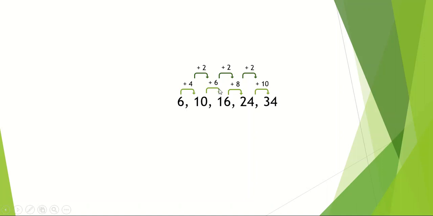This time, we were able to find a constant difference in the second layer. This is called the second difference. If there is a same second difference, then it is called a quadratic sequence.